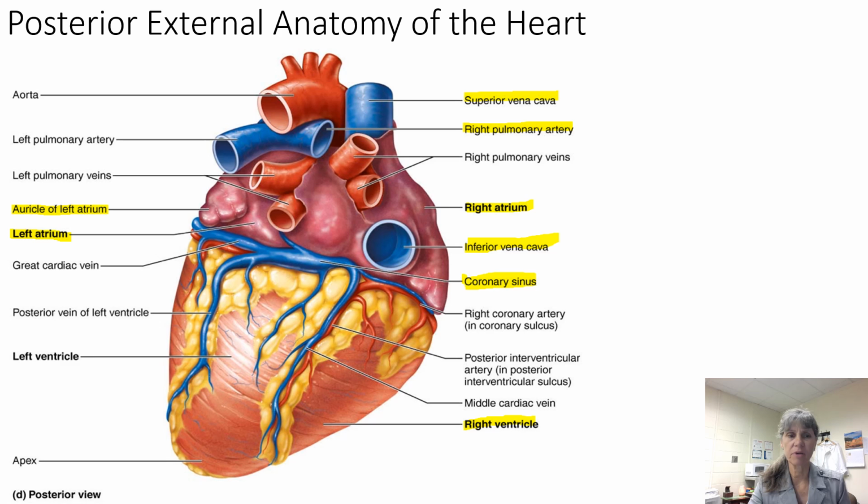So we've got a right pulmonary artery and a left pulmonary artery. Remember, they're carrying oxygen poor blood, and they're going to the lungs. But then we have our left and right pulmonary veins, which are bringing fresh oxygenated blood from the lungs to the left atrium. And you'll notice there's two of those on each side.